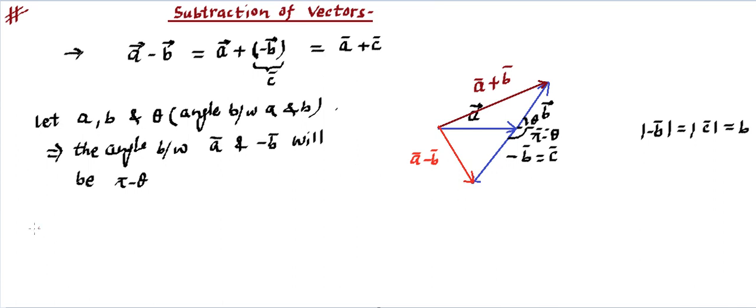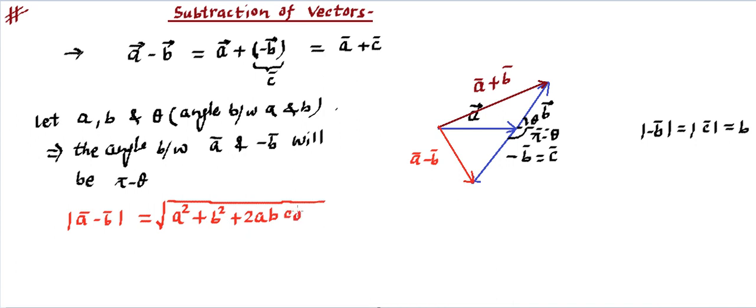That means mod of a minus b, the resultant of a minus b magnitude, is going to be equal to, we will be using the same formula: square root of magnitude of first square, that is a square, plus magnitude of second vector square, the second vector is minus b, its magnitude is the same as b, so it will become b square, plus 2 times magnitude of first, which is a, magnitude of second, which is b, into cos of the angle between two vectors, and the angle between two vectors is now pi minus theta. It's not theta, it's pi minus theta.